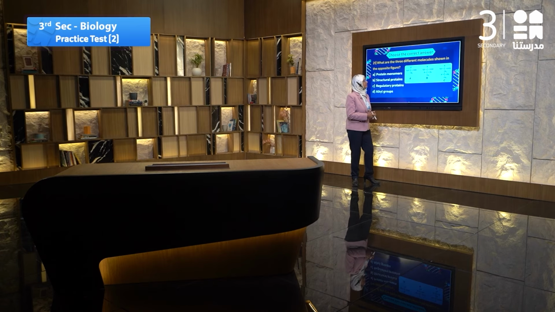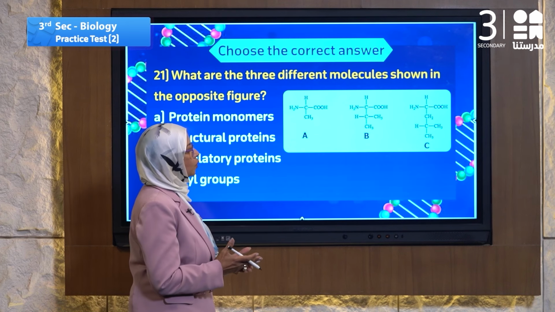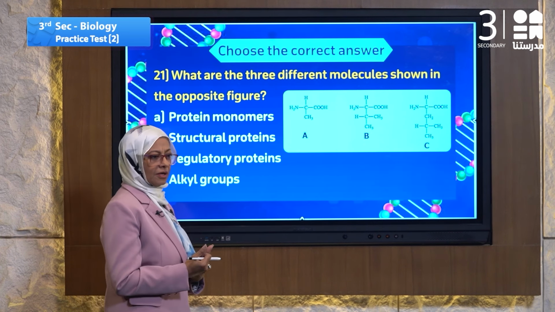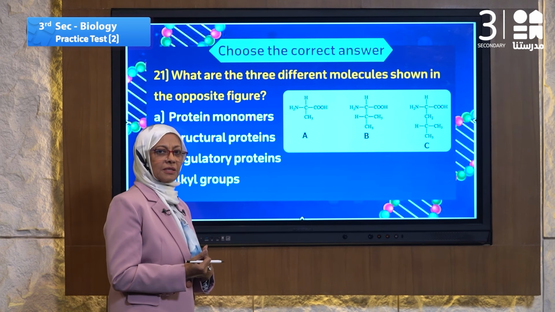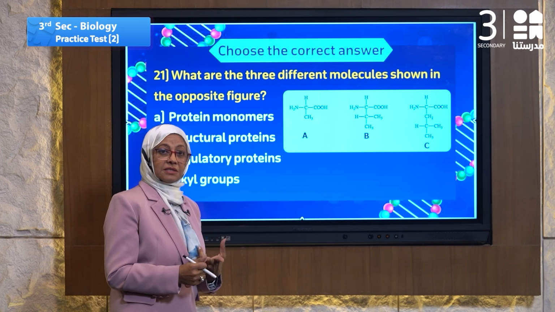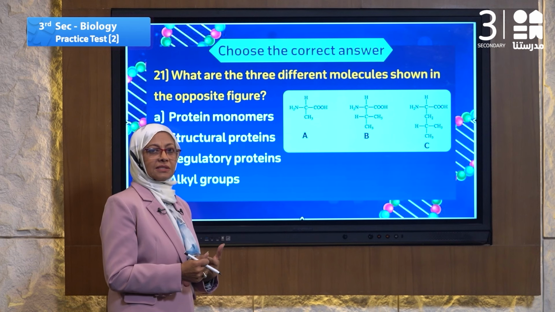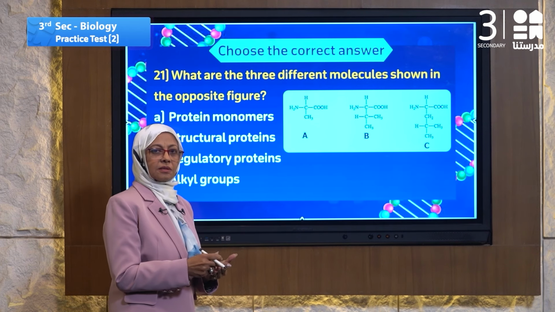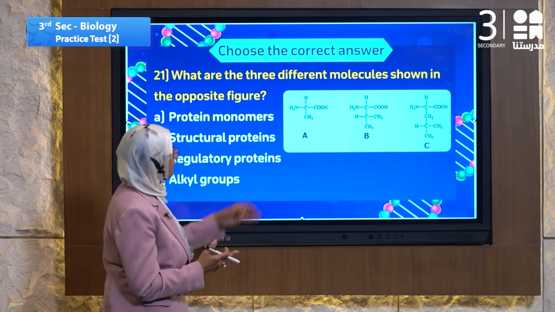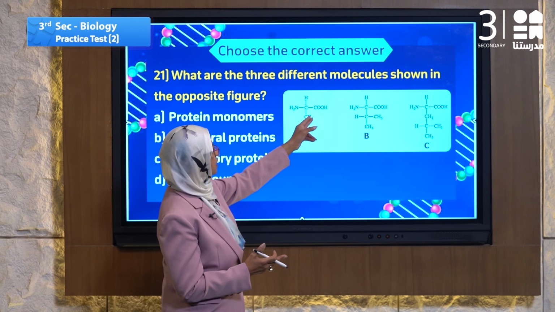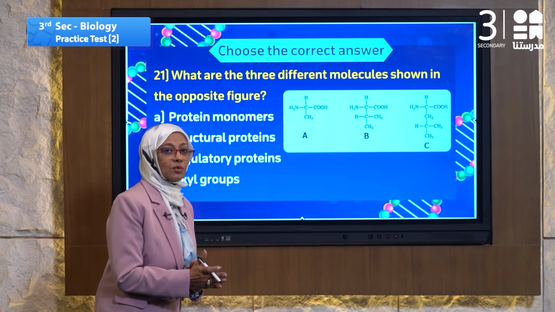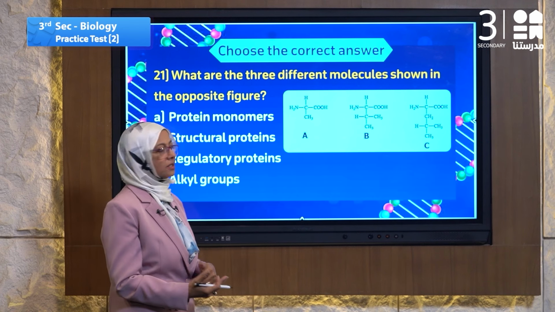Nitrogen is an element which is specific to organic material. What are the organic materials found in the living organism body? They are carbohydrates, proteins, fats, and nucleic acids. The structure here has carbon, hydrogen, oxygen, and nitrogen. It's a protein. So let's read the question well and then answer it.